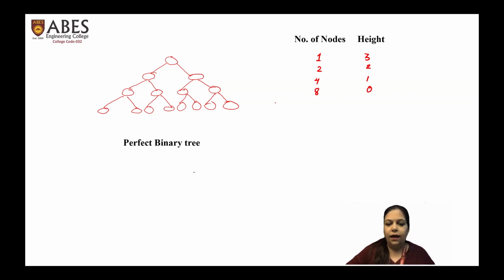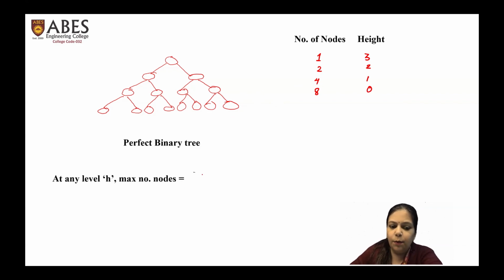So here we can say that for a perfect binary tree, at any height h, the maximum number of nodes can be given by n upon 2 raised to the power h plus 1, and the ceiling of this value. If the number of nodes is represented by n, then the number of nodes at any height h will be given by ceiling of n upon 2 raised to the power h plus 1.